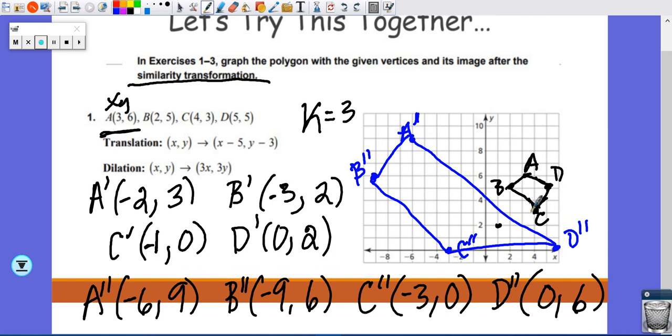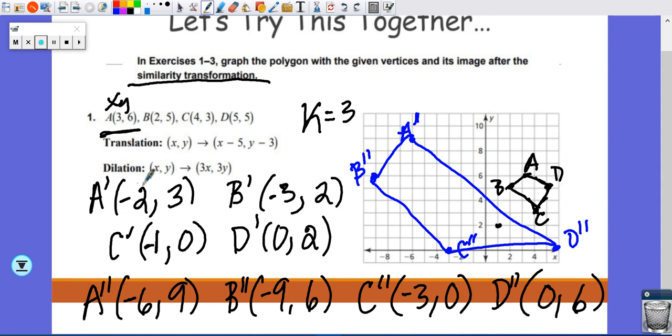So I'm going back and I'm checking my C to make sure I have it in the right spot, 4 and 3, and my D and make sure I have it in the right spot. So that's 5, 1, 2, 3, 4, and 5. So my A, B, C, my original or my pre-image is okay. So let me go check my math.